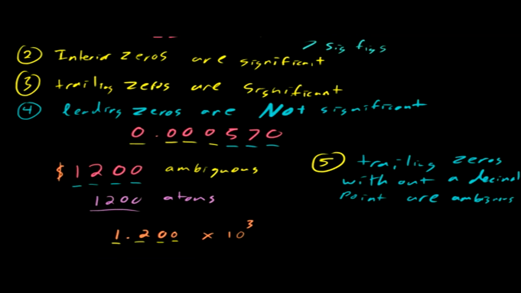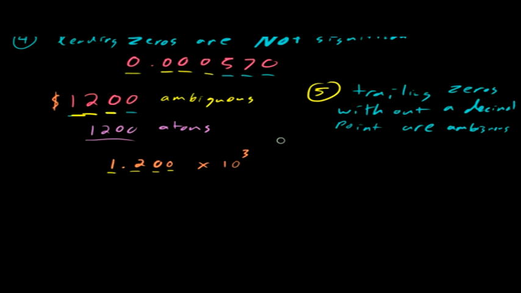How about if we only had three significant figures? How would we write this in scientific notation? So actually, I'll just write this down. This is 4 sig figs. So how about if we had 3 sig figs? How would we write down 1200 using scientific notation? Well, we would leave one of these zeros off.